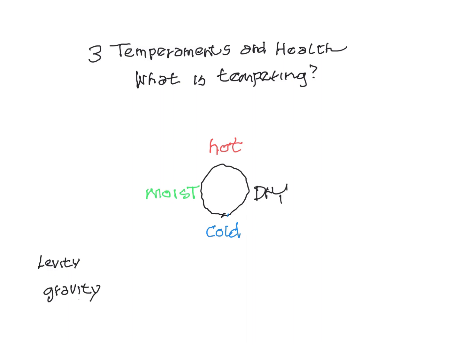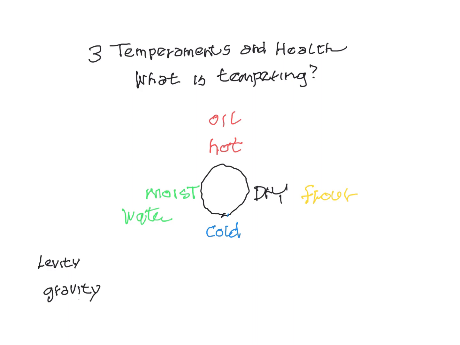So in making gravy, we have the things that could be considered temperamental things that need to be balanced. So with moist, if I want to make gravy, I have water, and the hot element is the fat or oil, and the dry element, we'll just put this in yellow here, is flour.